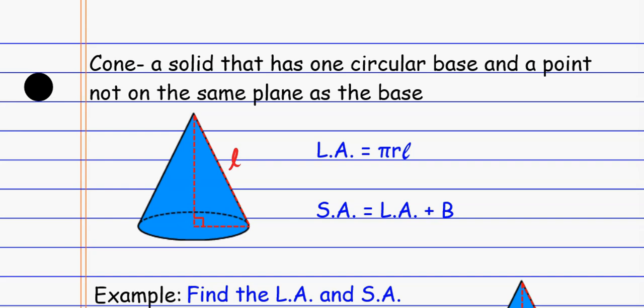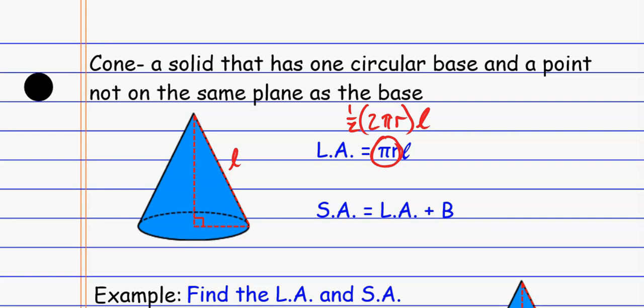When you think about it, the perimeter for a circle is the circumference, which is 2 pi r. If you do half of that times the slant height, that's where this formula comes from. It's literally the same formula of 1/2 the perimeter of the base times the slant height.